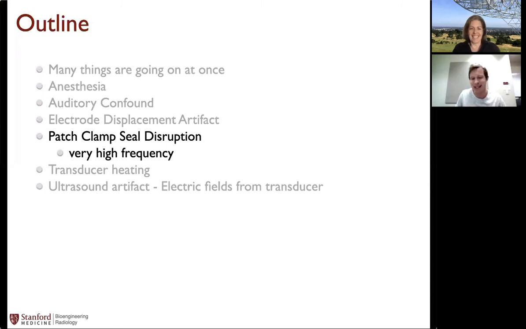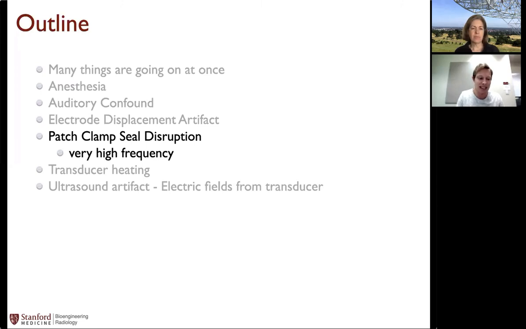Okay, so if we've already learned about patch clamp, that is where you take a very smooth but very small electrode and you create a small suction onto the membrane of a cell. And by creating that seal between the electrode and the cell, you can measure individual currents as they pass through that electrode.